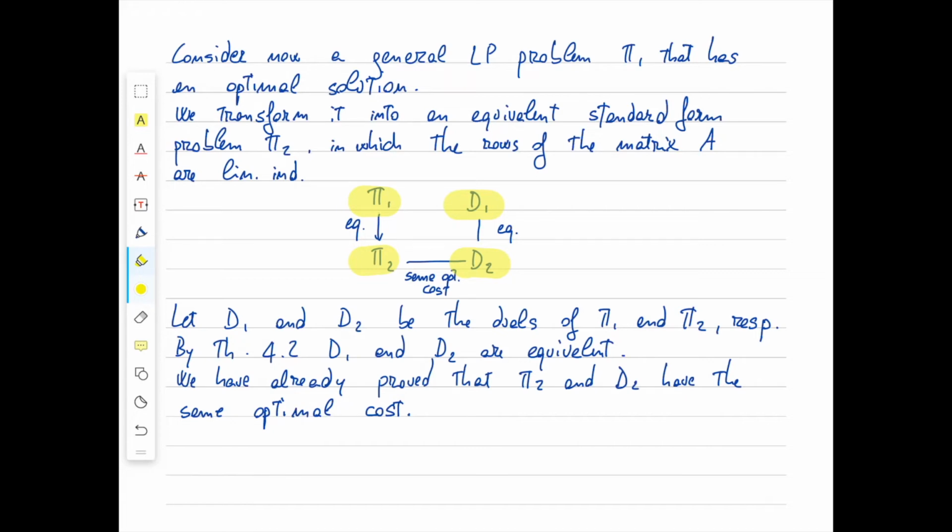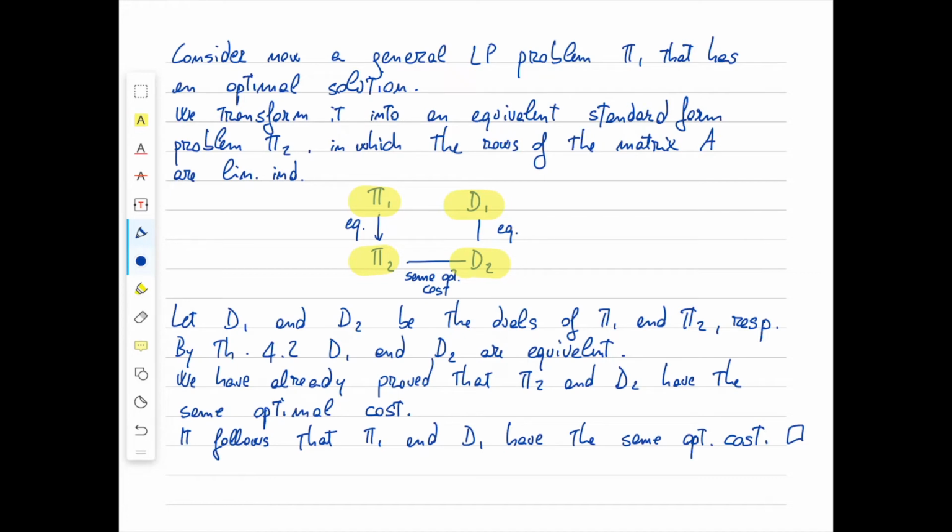So we have obtained that pi1 and d1 have the same optimal cost. And this concludes our proof of strong duality.